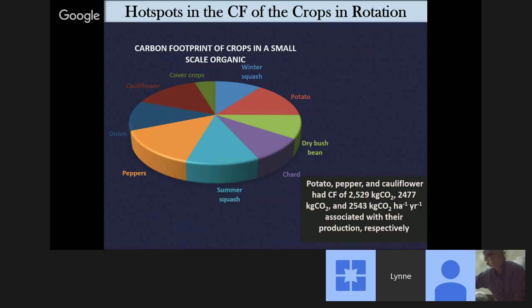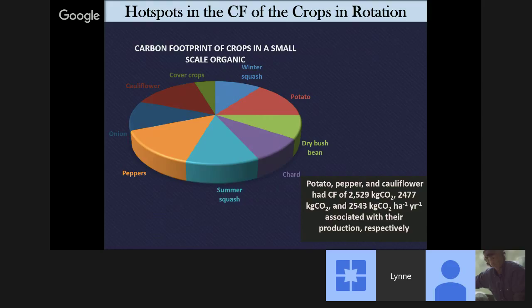And I know that for the peppers in particular, that was surprisingly big, because they were starting the plants in a small greenhouse, and then out in the field they were also using a plastic hoop house or a large row cover over it. So those small infrastructures contributed quite a bit to the footprint of growing peppers.